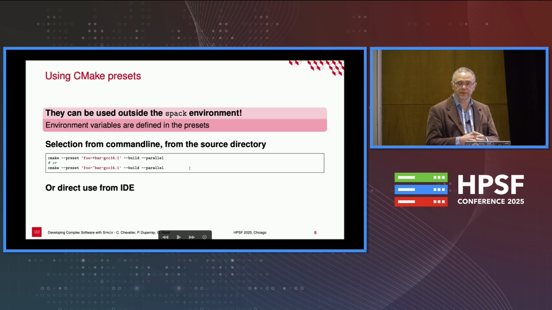The CMake preset can embed environment variables, and different environment variables depending on the stage, whether you are in the configure, the build, or even the test. You can use them by hand or directly in some IDE like VS Code, or we also use CLion a lot, and it's directly integrated into that.